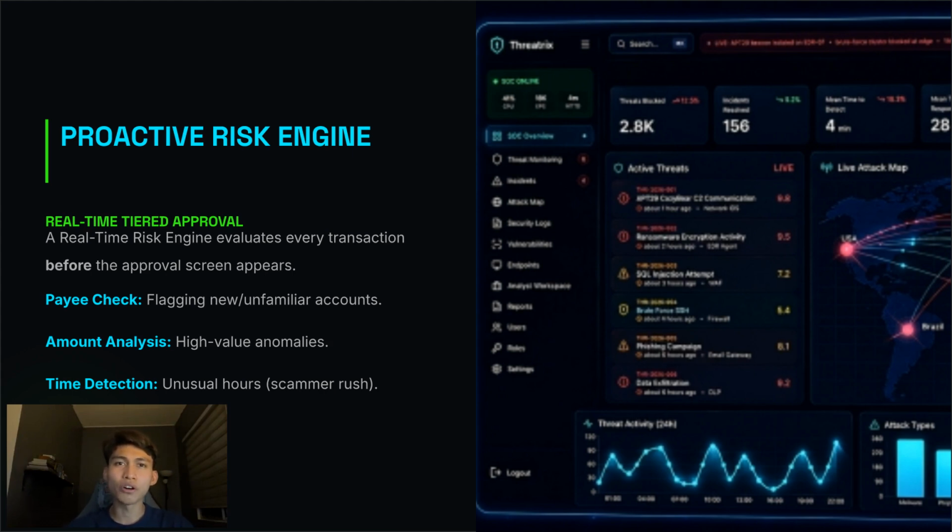And crucially, for high risk actions, the engine triggers an auto hold, completely disabling the approve button and locking the transfer until external secure validation occurs. This is what a true proactive kill switch looks like.